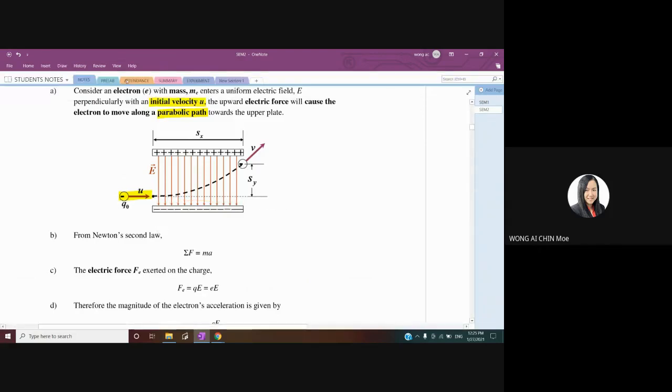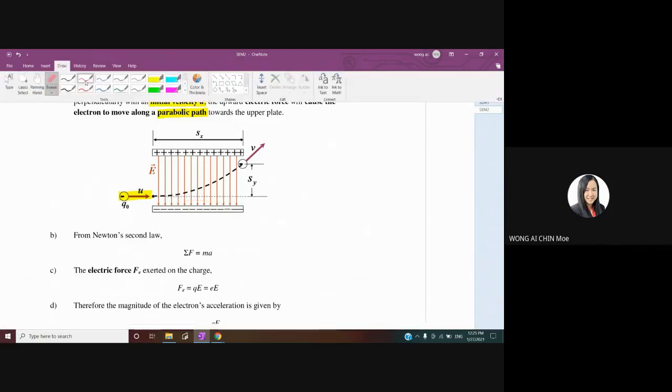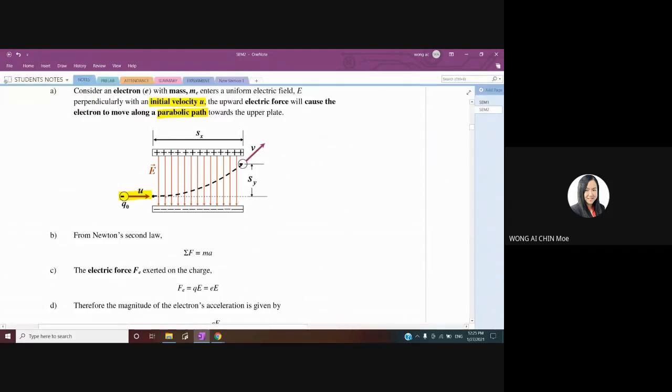So I draw again. Initially, when there's no power supply and no electric field, the charge will move straight.